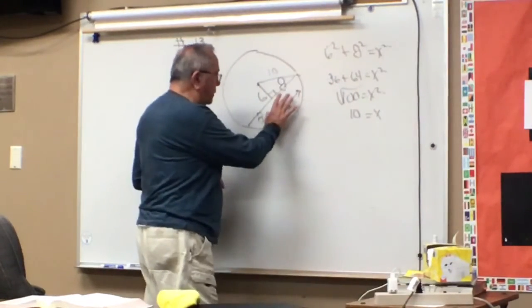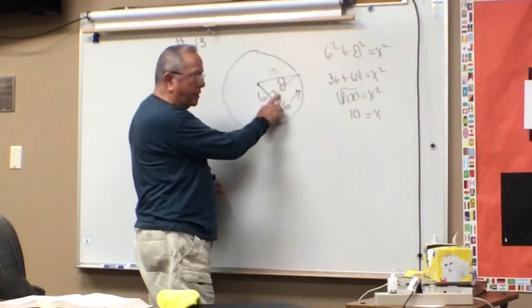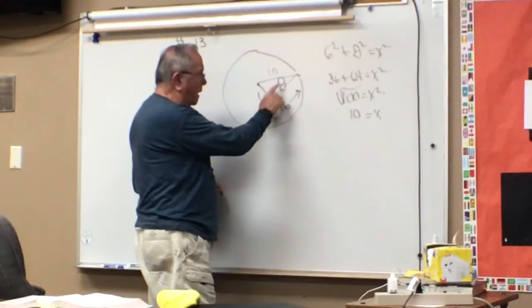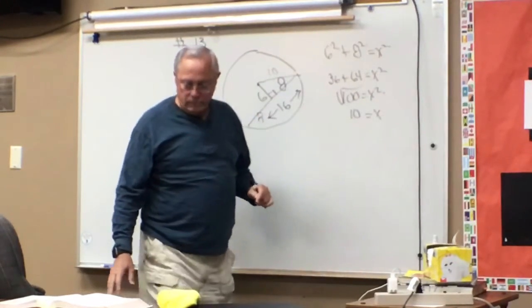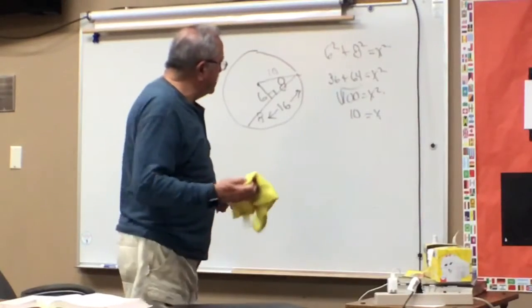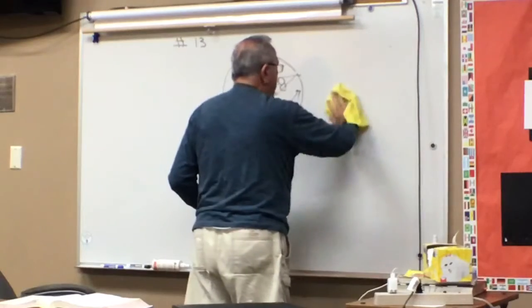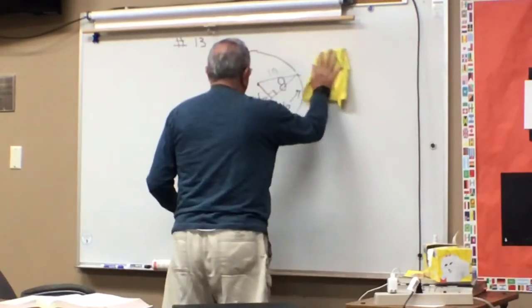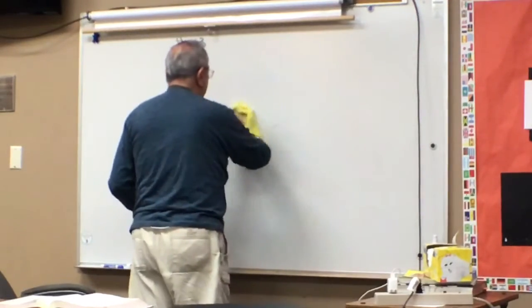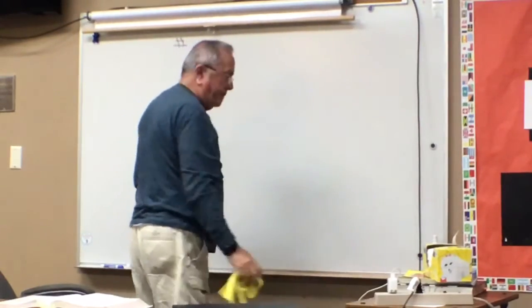Again, here's the one you gotta learn: from here to here is 16, but we know these two are equal, so this is 8 and this is 8. All right.